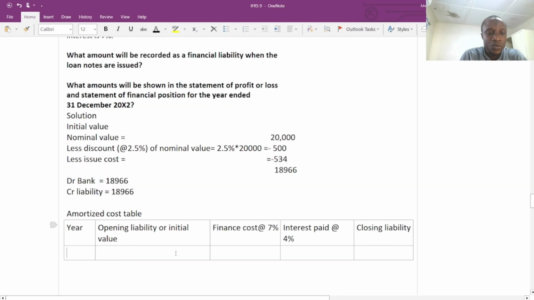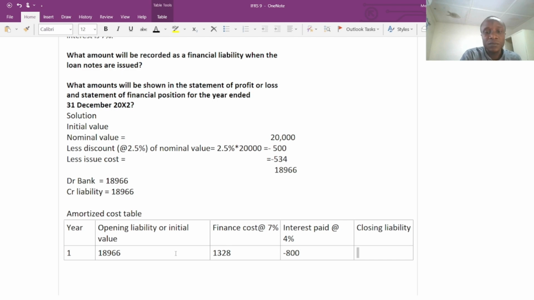So year one, the opening liability will be 18,966. The finance cost will be 7% of 18,966, multiplied by 0.07, which is 1,328 to the nearest dollar. The interest paid will be 4% of the nominal value, 0.04 multiplied by 20,000, which is 800.